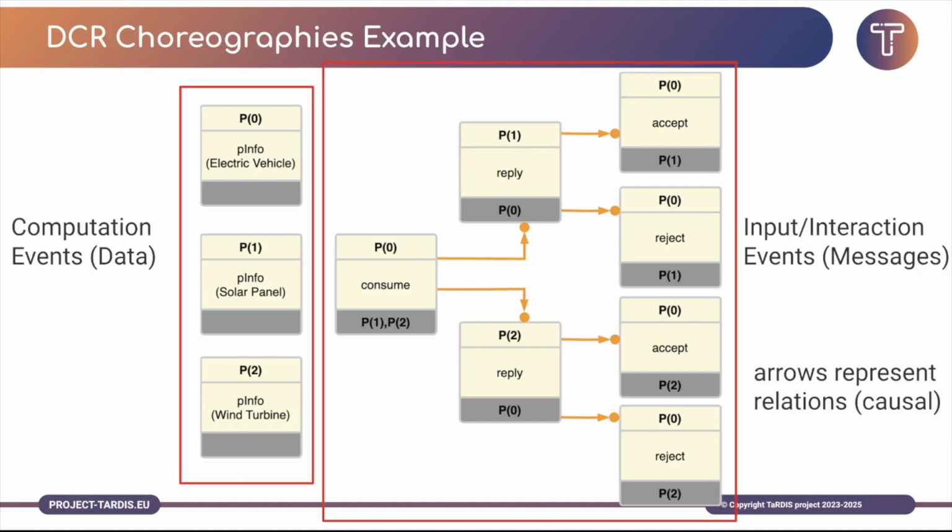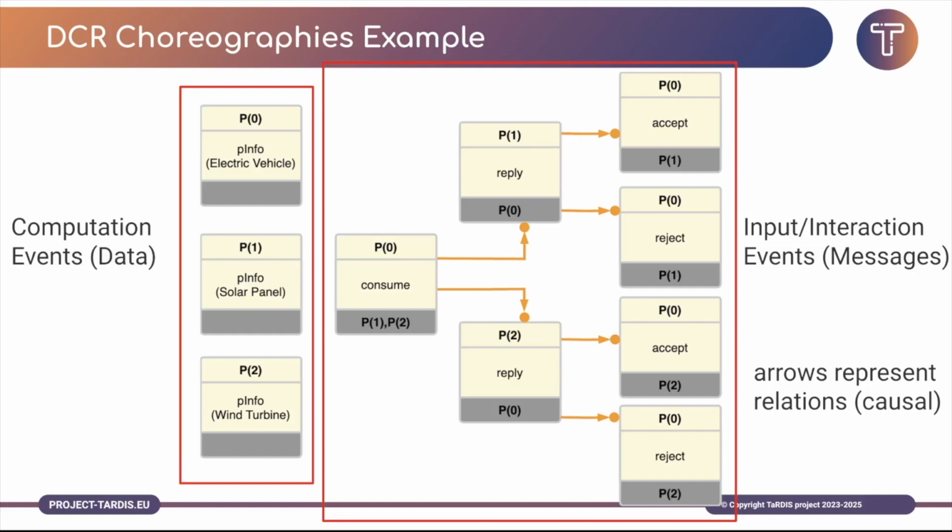On the left hand side, we have what we call computation events. Computation events store data, or they compute and store data. On the right hand side, we have input and interaction events, which represent interactions with the external context, user input, sensors, etc., and interaction events that also signify messages between participants in the swarm.